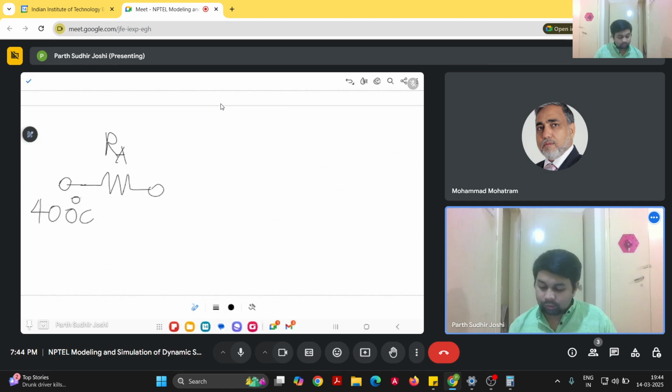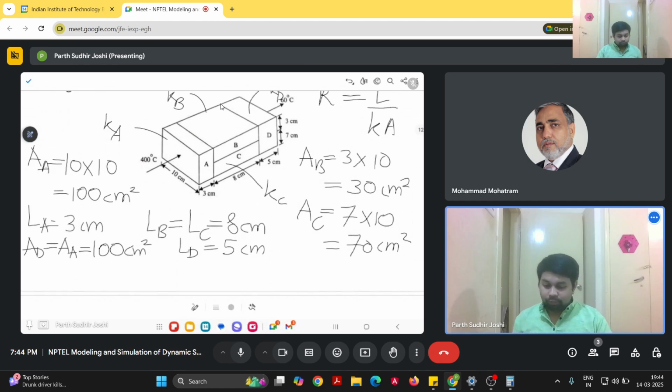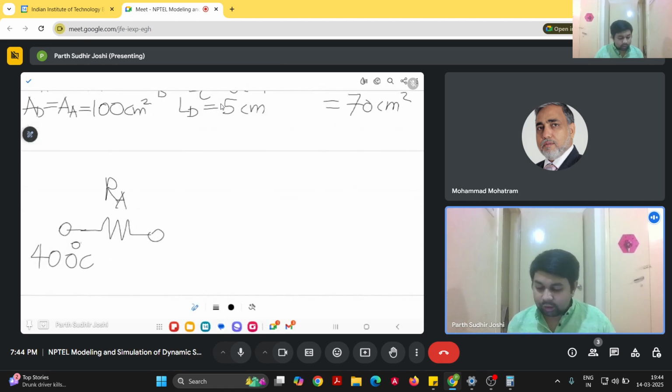We can observe that materials B and C are stacked over each other. The heat flowing through material A will be distributed between B and C, but the temperatures are the same at both ends of B and C. So we can show them as resistances in parallel.